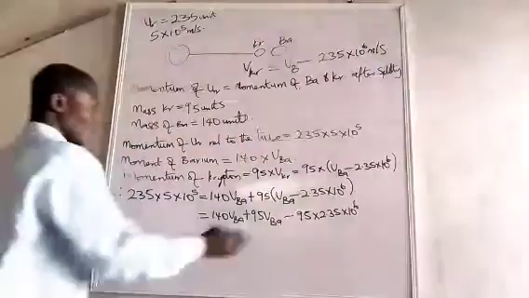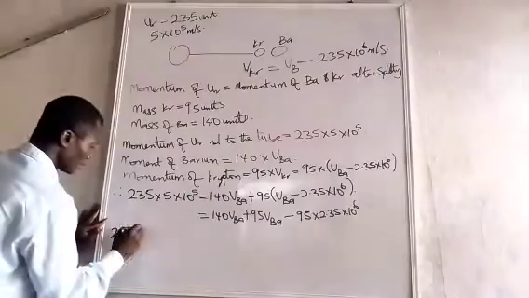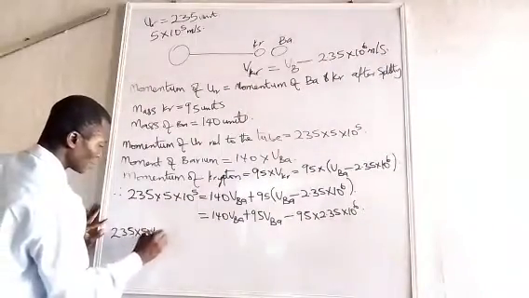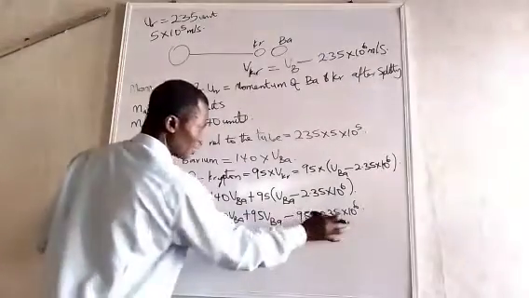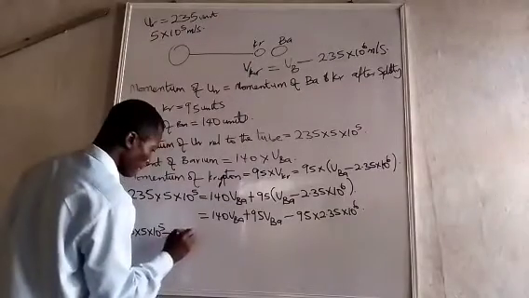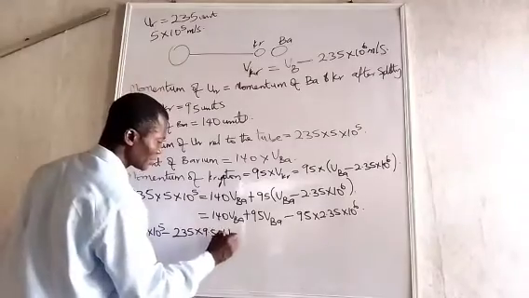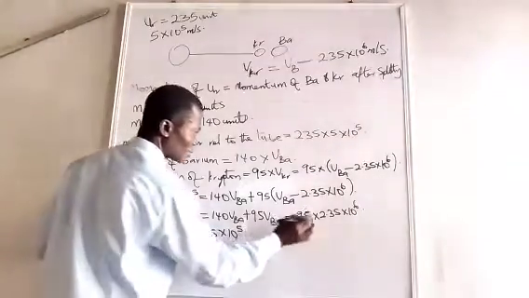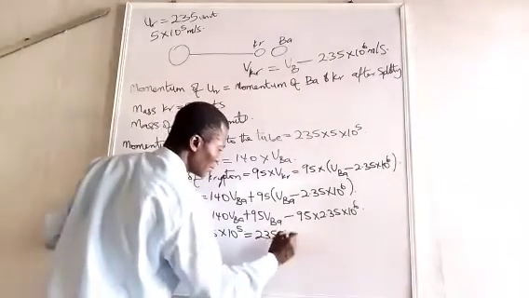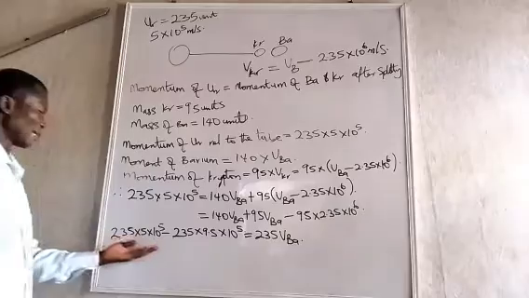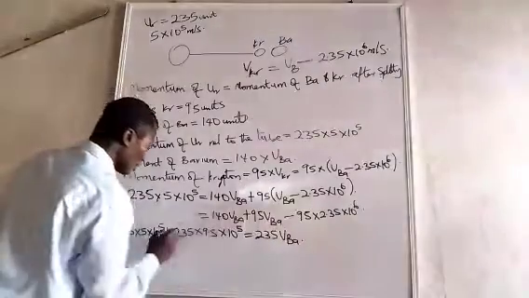So what that implies is that I add this one to this one. I have 235 times 5 times 10 to the power 5 plus 95 times 2.35 times 10 to the power 6, which is 235 times 9.5 times 10 to the power 5, is equal to 235 VBa. This one is going to be plus because I'm bringing it from that place.